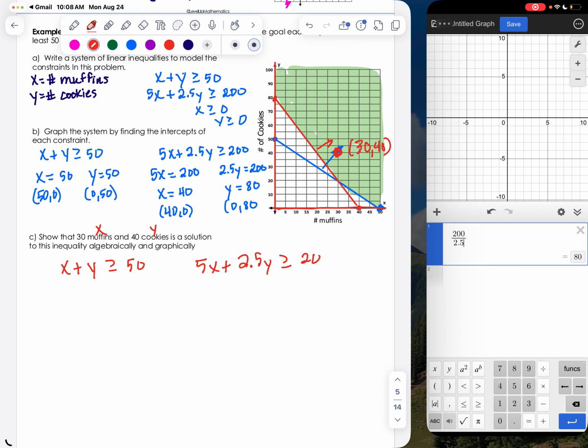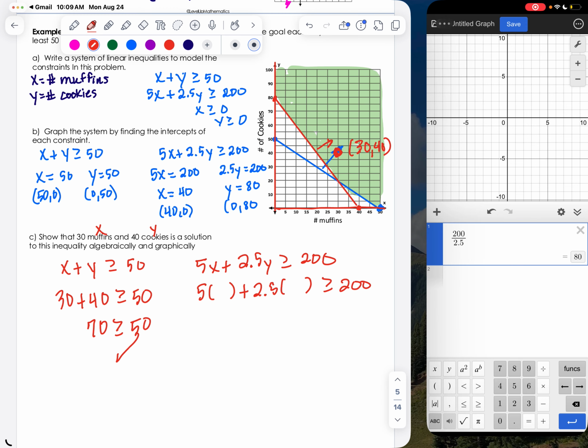If it's truly a solution, it's going to make each inequality true. So 30 muffins plus 40 cookies, is that greater than or equal to 50? Well, 70. So yes, it makes this inequality true. All right, let's do the same thing over here, but let's replace the x and y with parentheses.